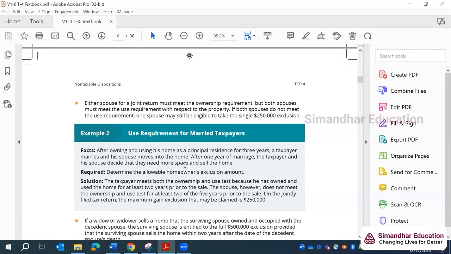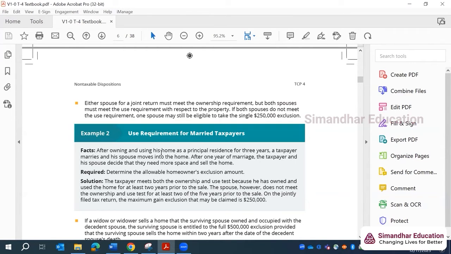So what they are saying is for a married taxpayer, it is not mandatory for both the taxpayers to own the property. As long as one taxpayer is owning the property, but they both use the property for 2 years, they will be eligible for the exclusion of $500,000. Both have to use the property for 2 years.